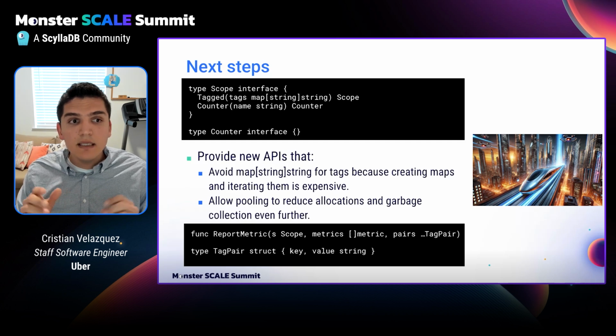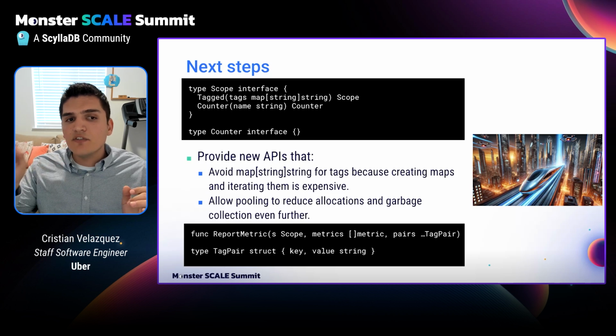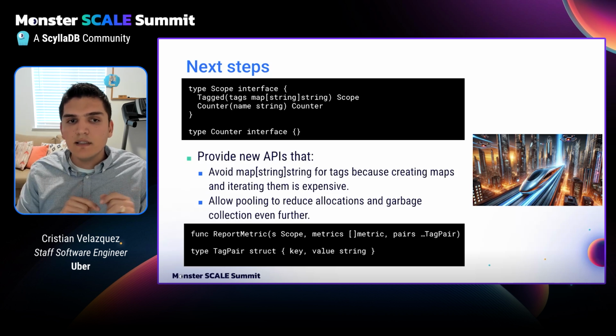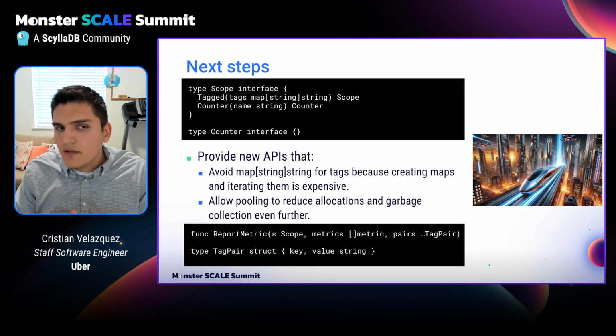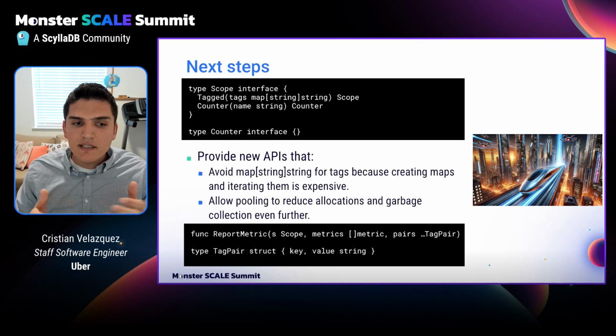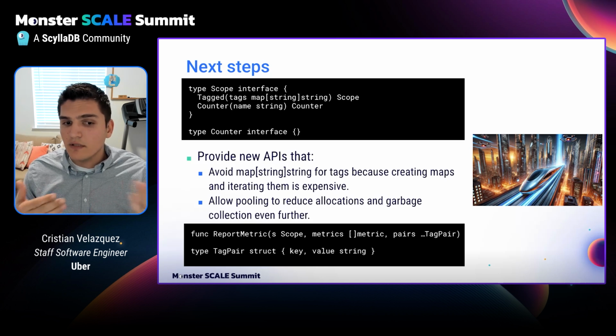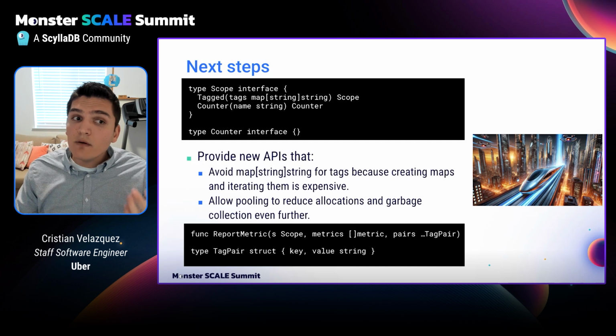At the same time, the problem with the original API is that tag returns a scope and then counter returns a counter. This generates a problem where we are creating heap objects that we probably don't need to generate. By changing this to a function that doesn't return anything, we can do pooling inside. We can't do pooling with the original implementation because we are returning those values.